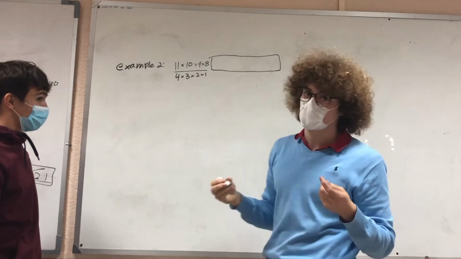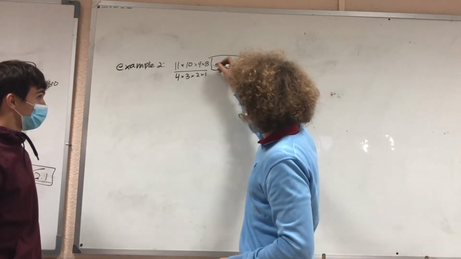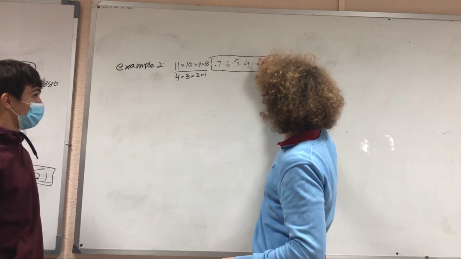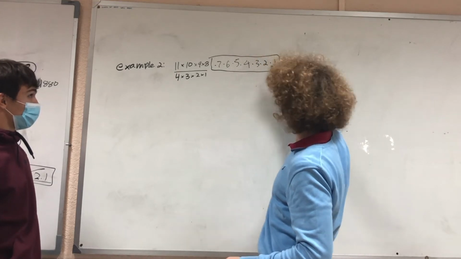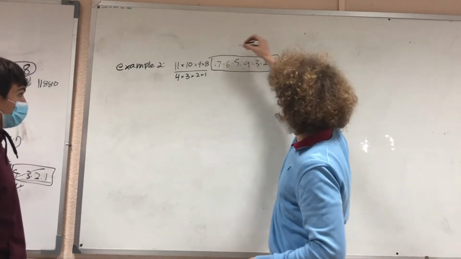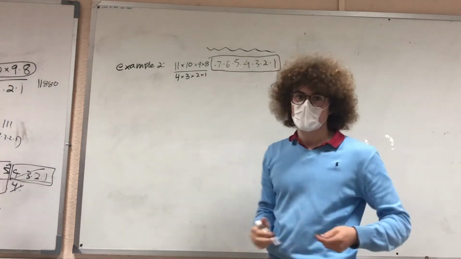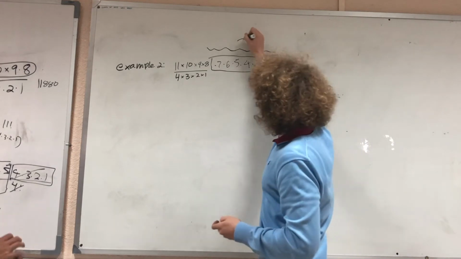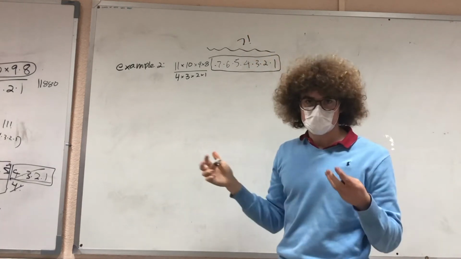And what 11 factorial means is times 8, times 7, times 6, times 5, times 4, times 3, times 2, times 1. Now, what is this horrible thing here? What does that actually mean? Pause the video if you know the answer. This means 7 factorial, okay? 7 factorial.